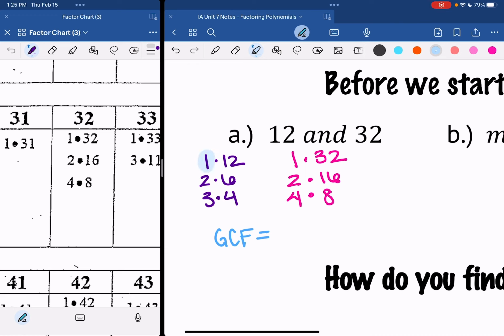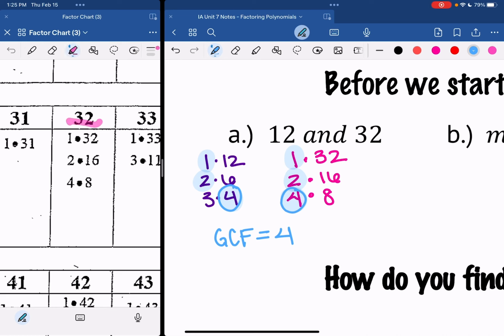Well, they both share a 1. They both share a 2. And they both share a 4. But the G stands for greatest. So the greatest thing that they both share is 4. So our greatest common factor is 4. That's how we use our factor chart.